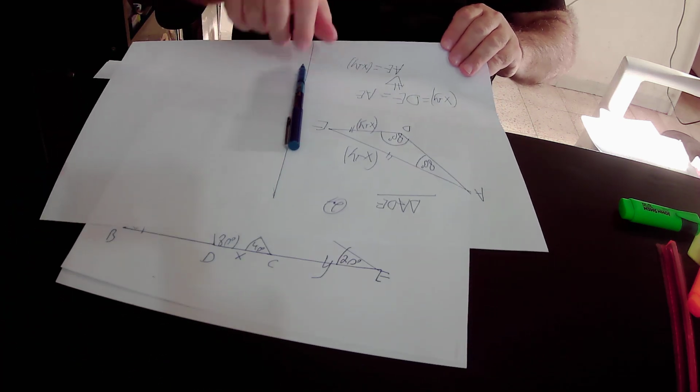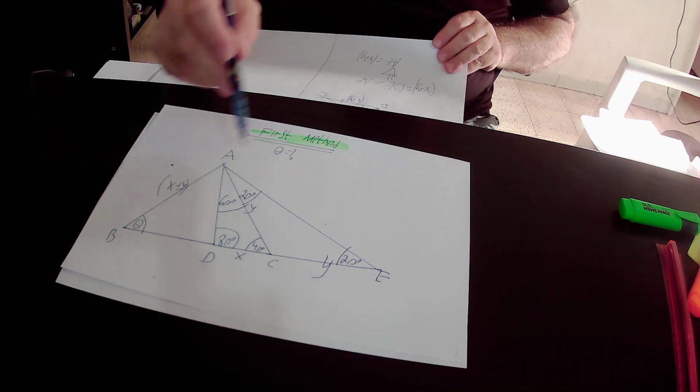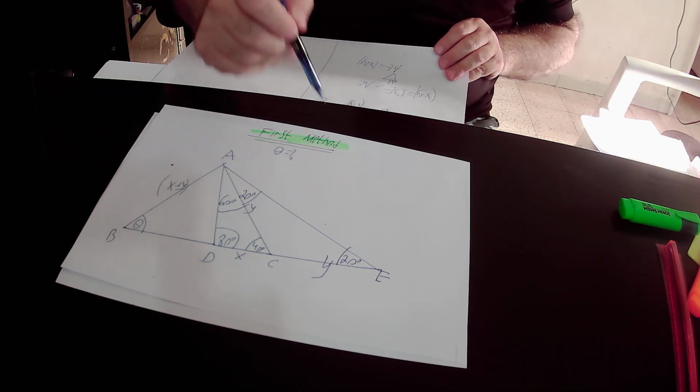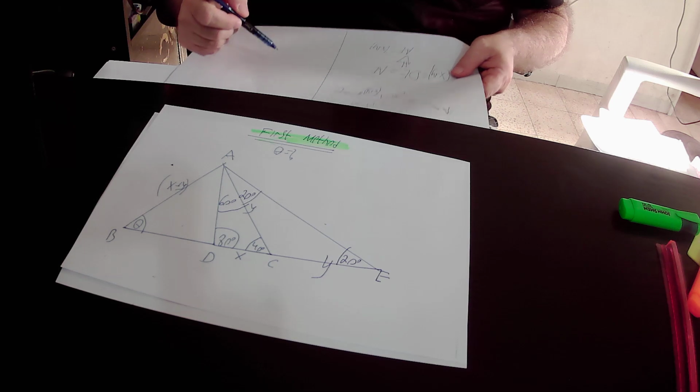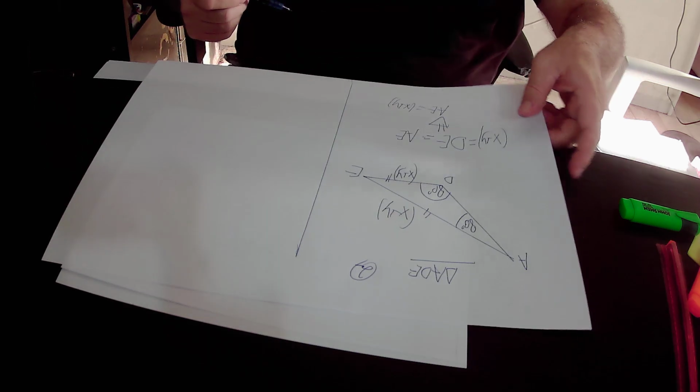In the next step, I will copy the big triangle, triangle ABE. On this page, we will analyze triangle ABE.